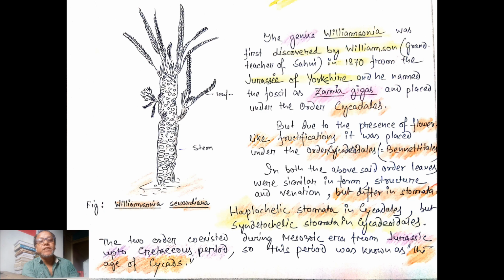So a question may arise: which period was termed as the age of cycads? You will say that the Jurassic to Cretaceous period of the Mesozoic era is termed as the age of cycads.